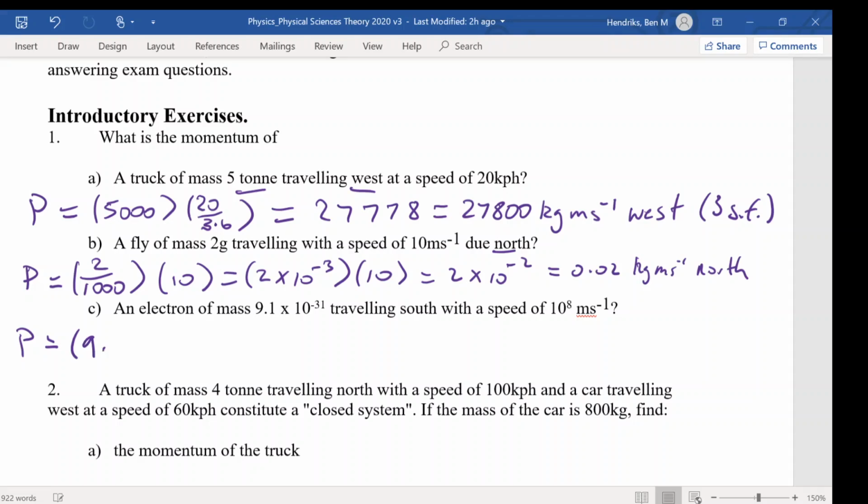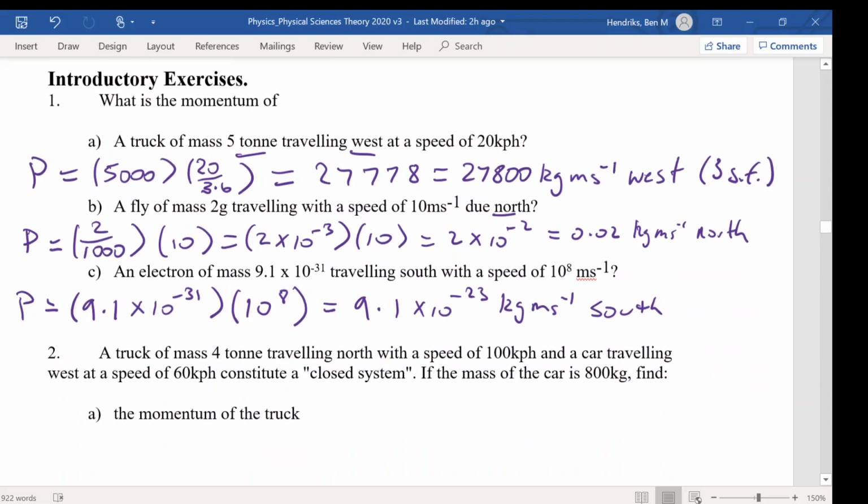So you can put that straight in, 9.1 times 10 to the negative 31 times 10 to the 8. Because these tens are multiplied together, we add those powers, so it's 9.1 times 10 to the negative 23 kilograms meters per second, and it is travelling south.